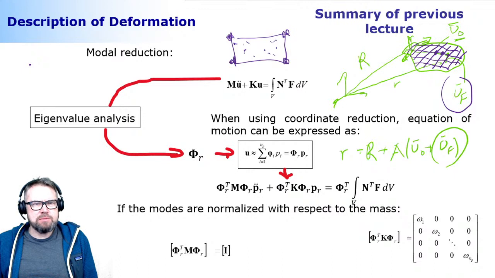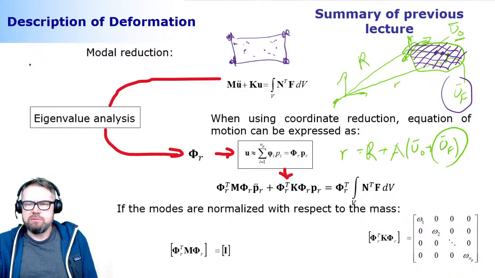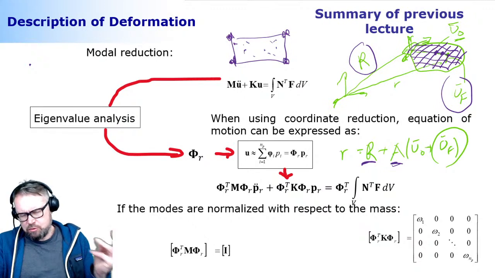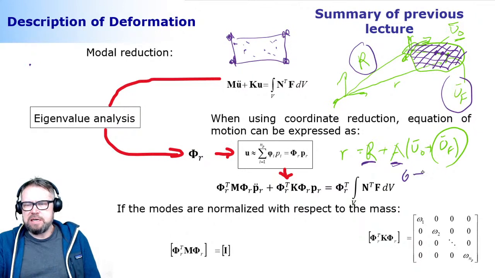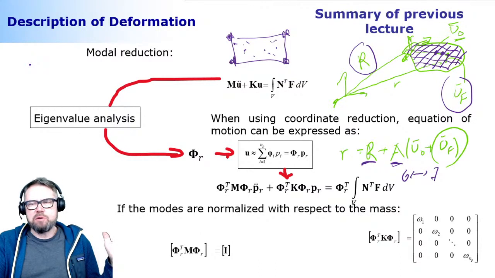That's a serious problem because the reference motion, meaning the large translation, is described by a vector R of three components, and the rotation matrix adds three more components. That means there are going to be 6 or 7 coordinates describing the large reference motion.